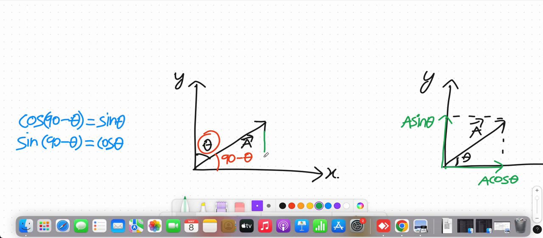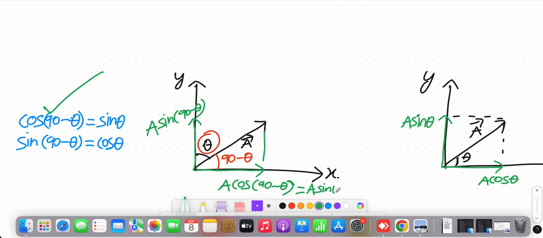So this component is A cos(90 minus theta) and this component here is A sin(90 minus theta). But we know that cos(90 minus theta) is sin theta. So this is simply A sin theta, and sin(90 minus theta) is cos theta. So this is simply A cos theta.